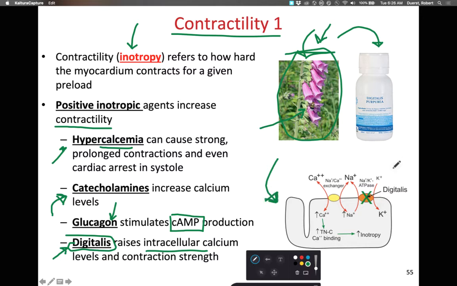As we're looking at this cardiomyocyte, digitalis is going to inhibit the sodium-potassium pump, and ultimately we're going to cause there to be more calcium ions in the cell. And as we have more calcium ions in the cell, we're going to have an increase in inotropy.